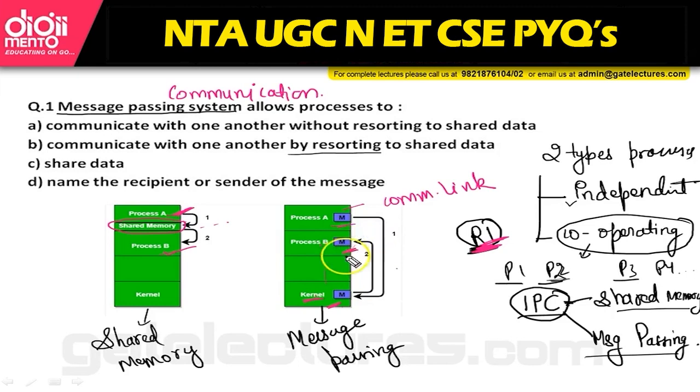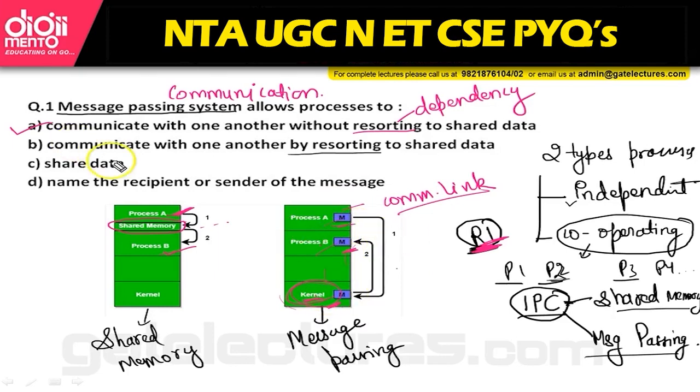So in message passing, processes communicate with one another without resorting to shared data. This option is right. Resorting means dependency. There is no dependency on shared data. They are communicating using the communication link, or here the kernel is handling the communication between process A and B.